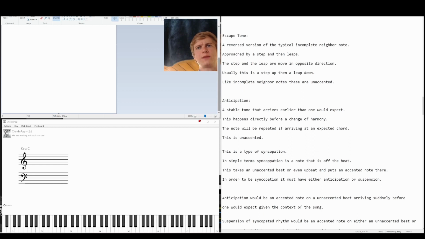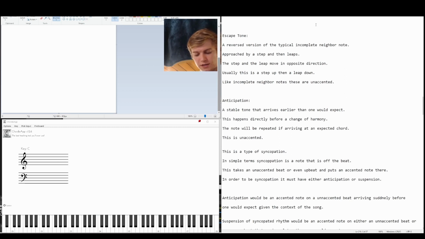Next we have escape tones. This is a reversed version of the typical incomplete neighboring tone. This is approached by a step and then leaps. The step and the leap move in opposite direction. Usually this is a step up and then a leap down. Like incomplete neighboring notes, these are unaccented.